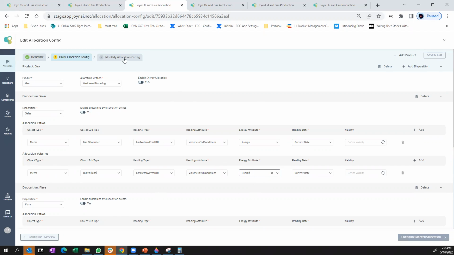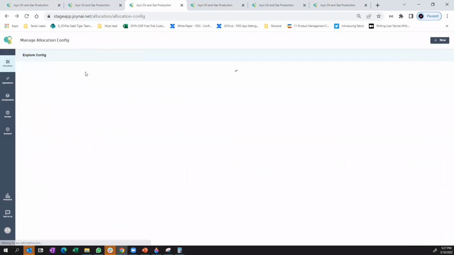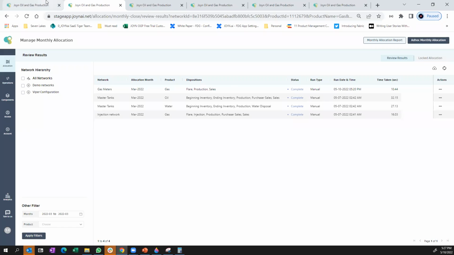The same capability also exists when a user sets up a custom monthly allocation run, where the volume and ratio sources are independently defined vis-a-vis the daily allocation setup. So you would have the energy attribute here as well. And the user can save the allocation config, and then they can go back and run allocation.